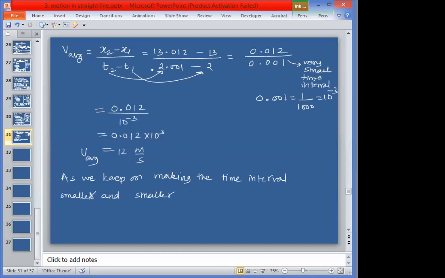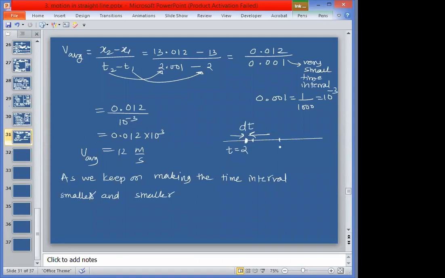Time interval बघा की इनिशियल टाइम तर आपण फिक्स ठेवलाय, इनिशियल टाइम तर आपला 2 सेकंड फिक्स आहे. इनिशियली 2 to 3 केलं, 2 to 2.1 केलं, 2 to 2.001 केलं. So we are approaching this very small time interval when the time is equal to 2. Time 2 असताना छोटीशी time interval dt चालू आहे बघा.